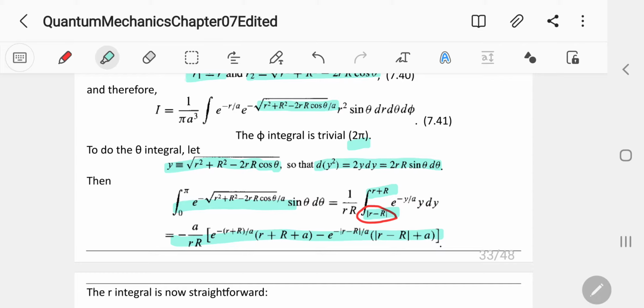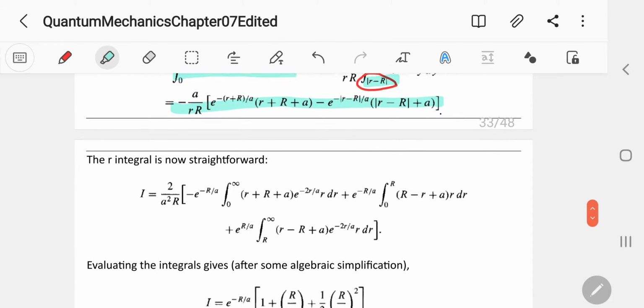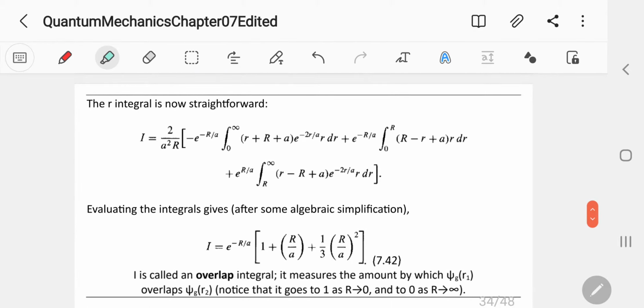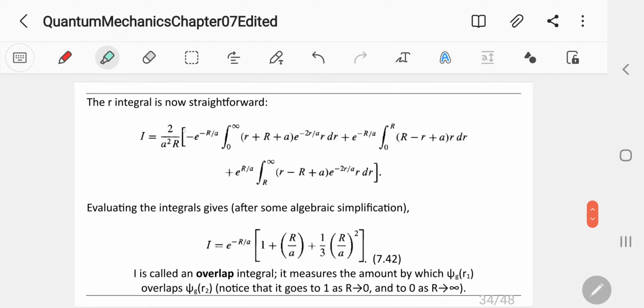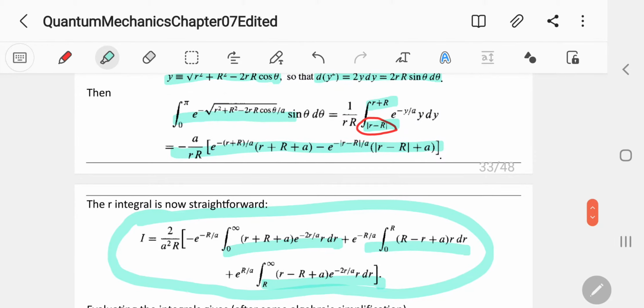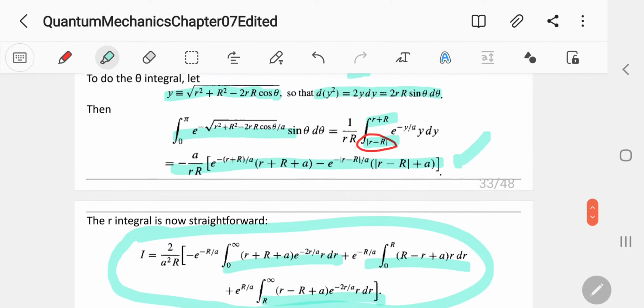And now, having that result, you'll be able to rewrite the I in this form. So there are now three terms, this one here, this one, and this one, because of the result here. So anyway, you have that.